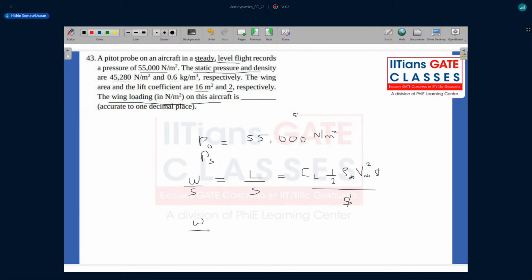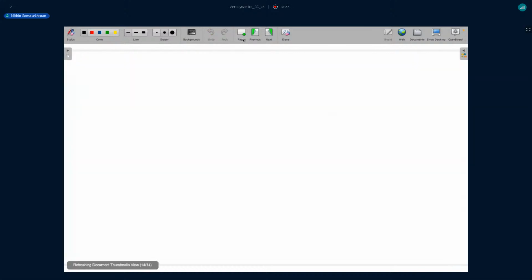The wing loading can be written as CL into half rho into v infinity square. They have given you the CL value, which is 2. Density is also given to you. What you don't have is your velocity, and velocity you can calculate from your P naught and P static. We know that P naught minus P static is nothing but your dynamic pressure, half rho infinity v infinity square.